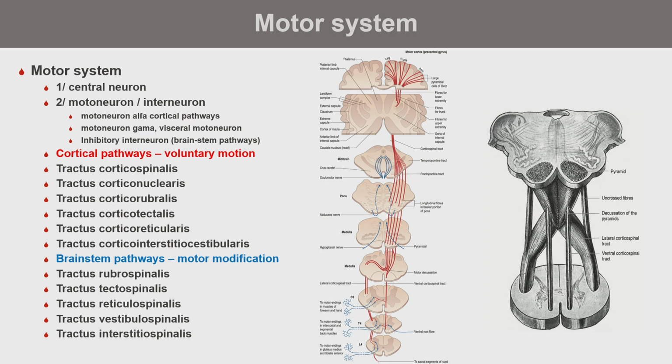Summarization of the motor system. The motor system has a first neuron. This is a central neuron. The central neuron is in the cortex.